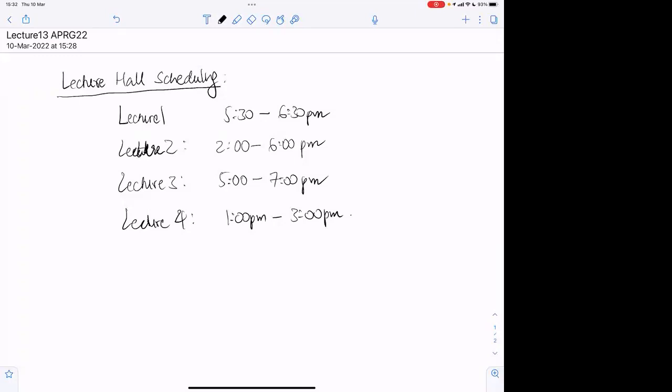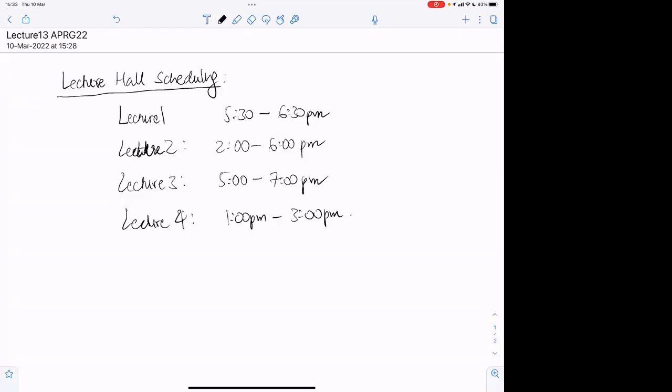So how do we solve this problem? Given just this data, one way to think of the problem would be to sort the data somehow, let's say on the starting points, and then greedily allocate lecture halls.